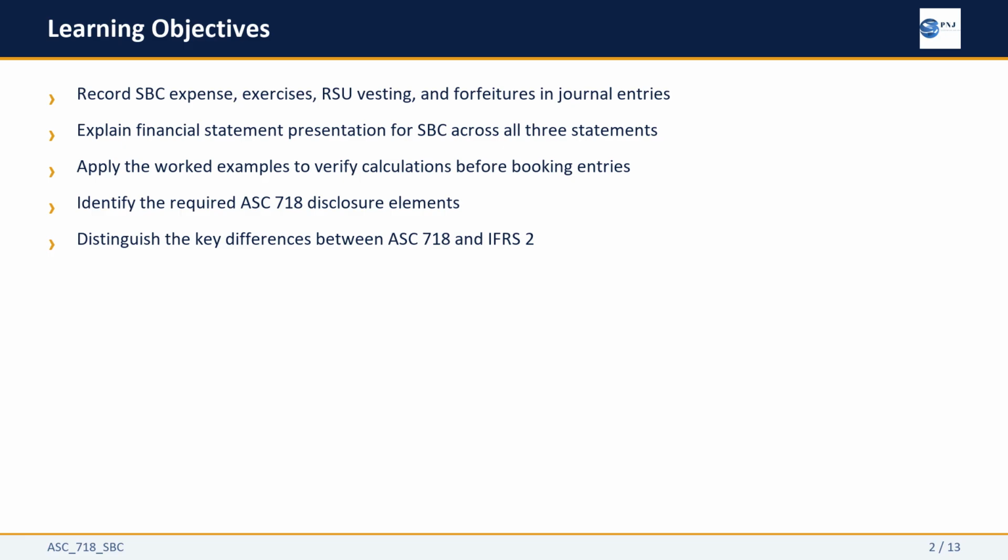You will be able to trace through 3 worked examples to verify your calculations match the standard. You will know the full list of required ASC 718 disclosures, and you will understand the practical differences between US GAAP and IFRS 2, particularly on forfeitures and tax treatment.